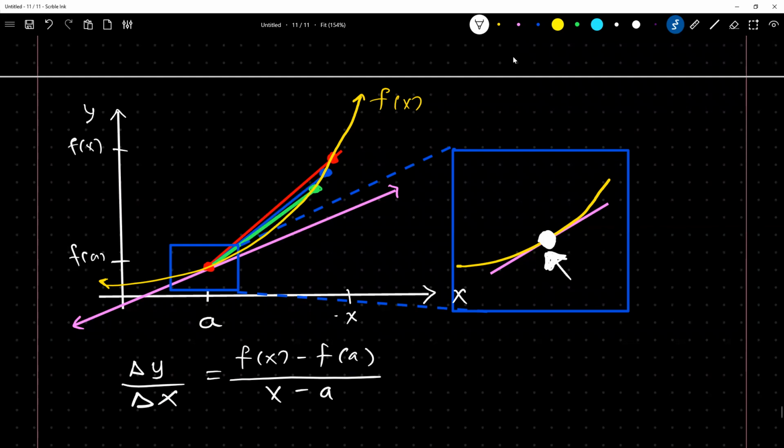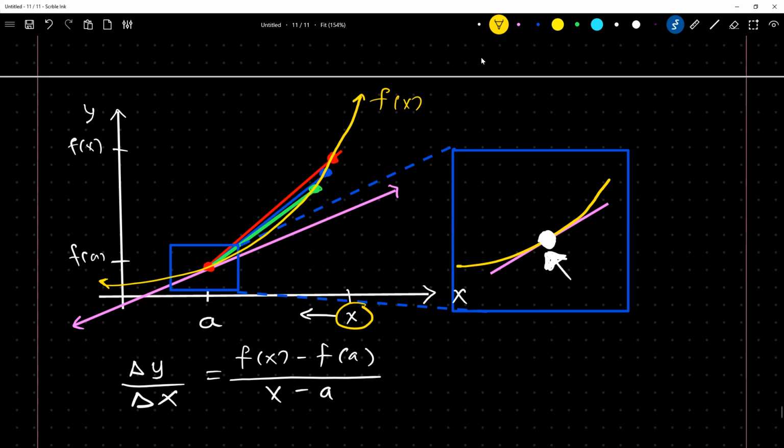We move this point closer and closer until we get to a point that's infinitely close to A. Like you've seen, first I have the red secant line, and then I got a better approximation. The red secant line gave me an average, which was an approximation for the instantaneous rate of change at this one point of this nonlinear function.